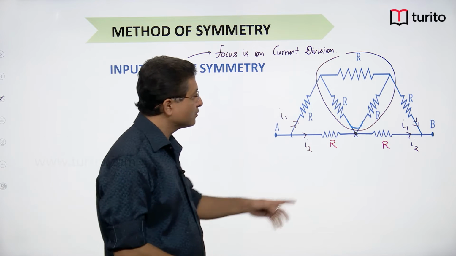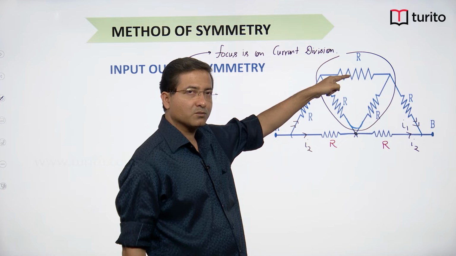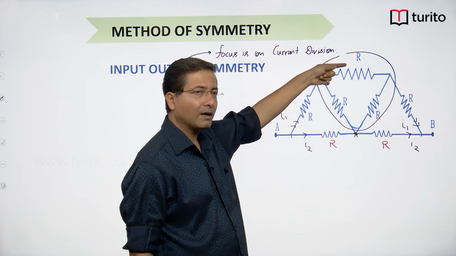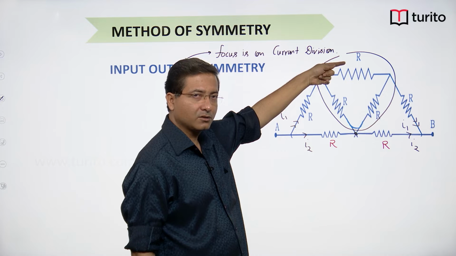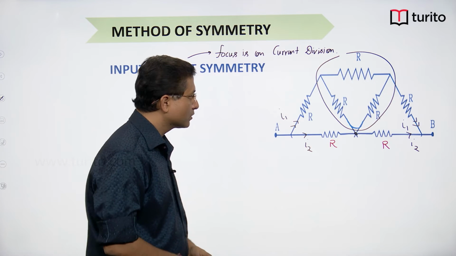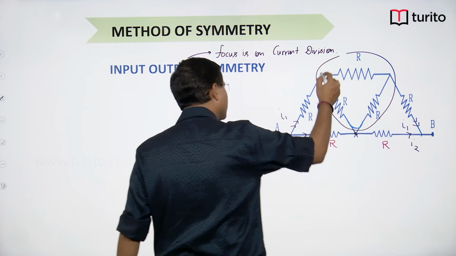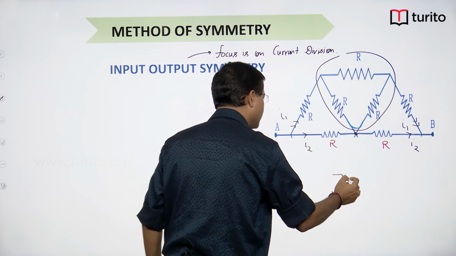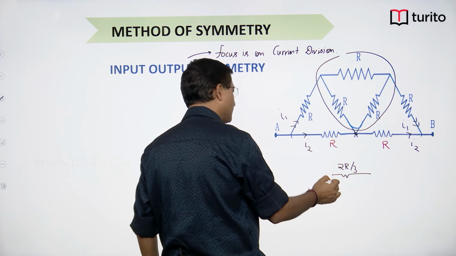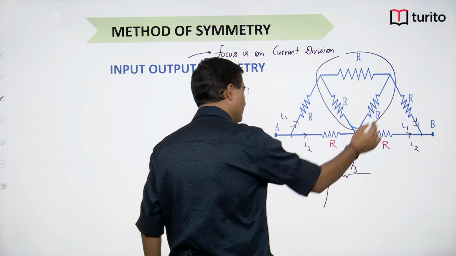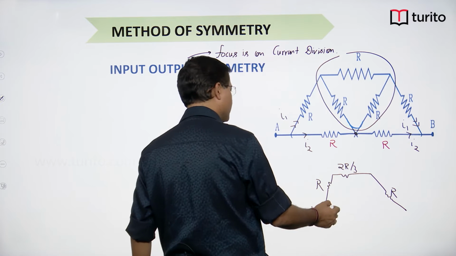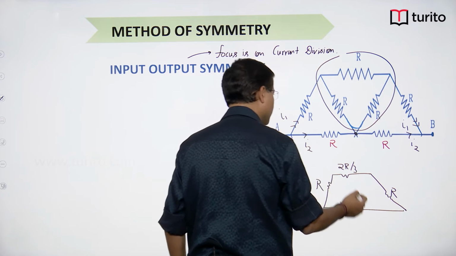Now I can see these two in series, then with this one it is parallel, this will be 2R and R parallel, 2R by 3, okay. So this whole branch will be 2R by 3. I will draw it this way, this R, this one is 2R.